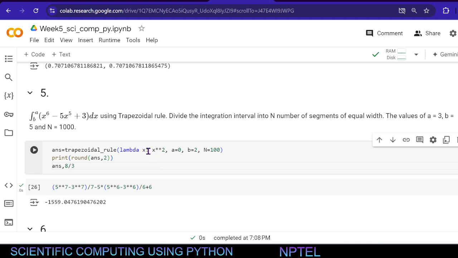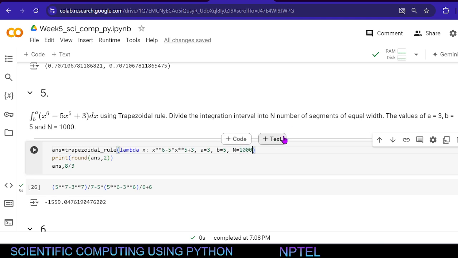And this lambda x is now x to the power 6 minus 5 times x to the power 5 plus 3, right? From, sorry, 3 to b is 5, total number of points is 1000.